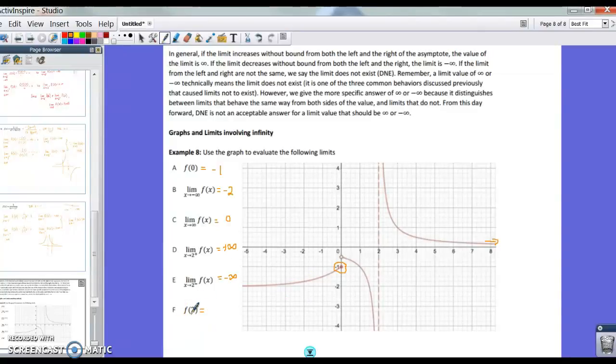This last part is asking for the function value at 2. And because I have a vertical asymptote at 2, there is no function value. So here we would say undefined. Okay, so there's a difference between D and E that only applies when you're talking about limits. But if I'm asking for the function value where there's a vertical asymptote, that value is undefined.